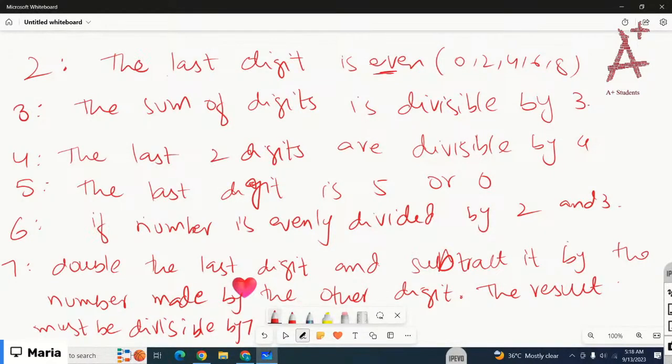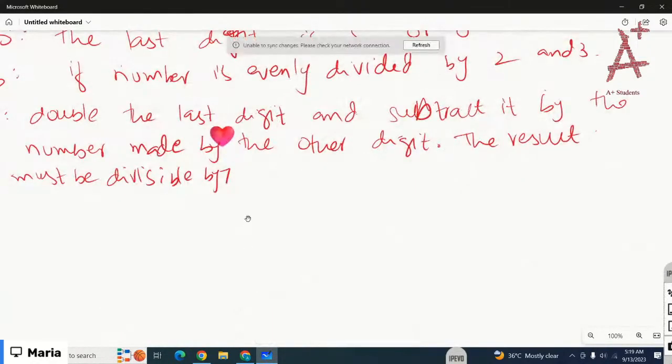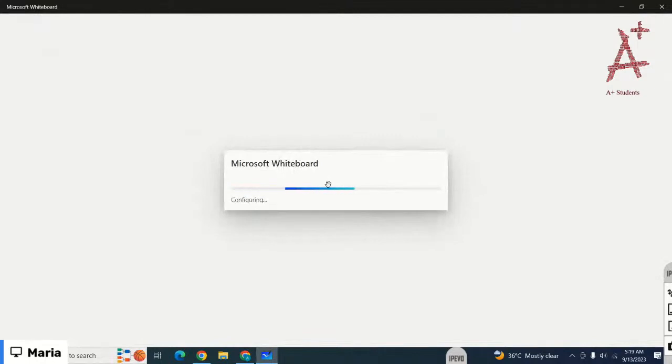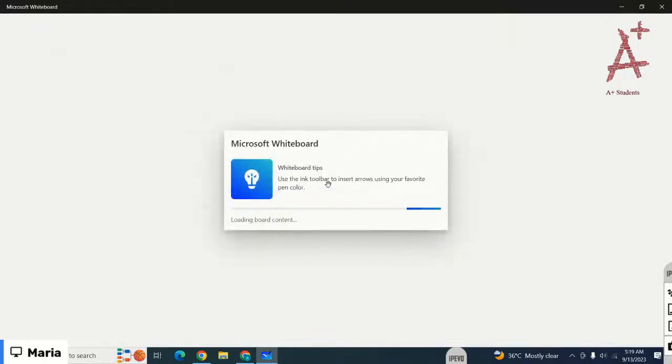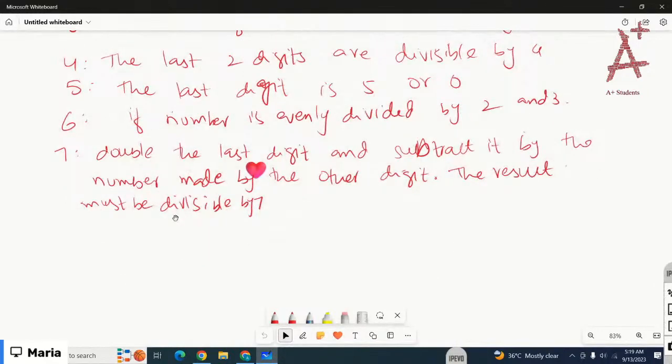The number we have is 672, right? Let's do an example for the divisibility rule for 7. You have 672.